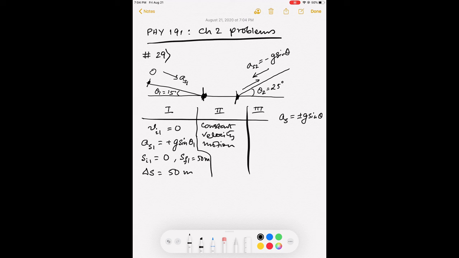So your velocity is in this direction, your acceleration is in the opposite direction to the velocity. Here you had both velocity and acceleration along the same direction. Depending on that, you are going to choose which sign you are going to use for the acceleration in these three cases.